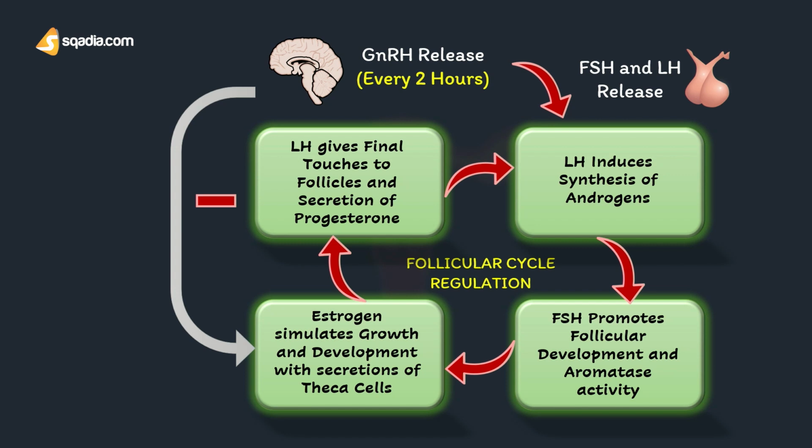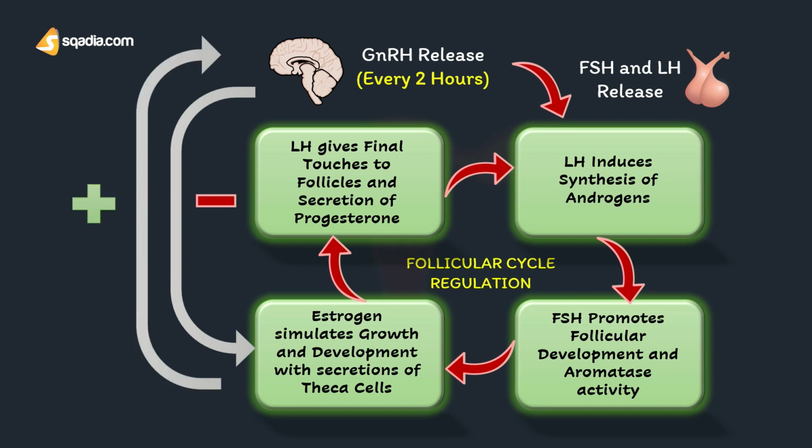Then in this period of the follicular phase, when a large amount of estrogen is secreted by the maturing follicle, it exerts a positive feedback. This is going to increase the GnRH secretion, resulting in the secretion of a large quantity of FSH and LH. This in turn is going to facilitate the whole growth of the Graafian follicle, and the estrogen is going to show the following signs.